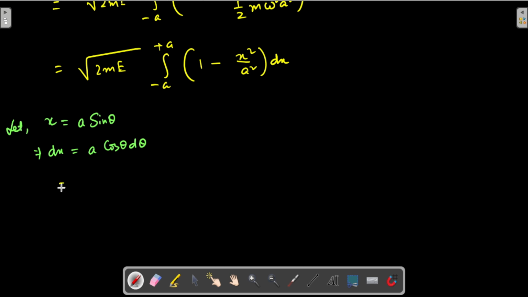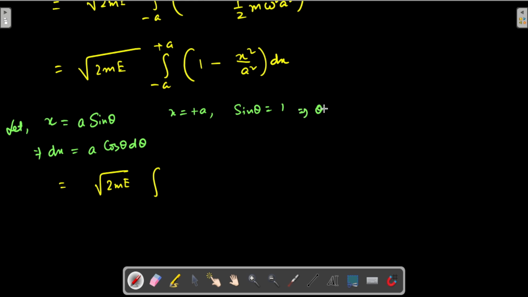So the integration will be, as we know that for x equal to plus a, sin theta becomes 1.